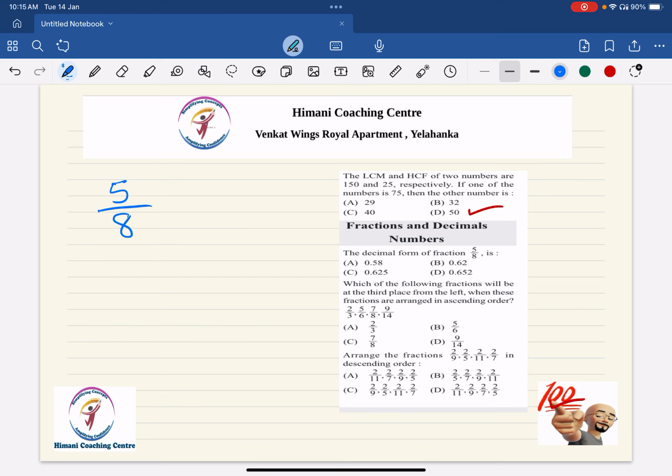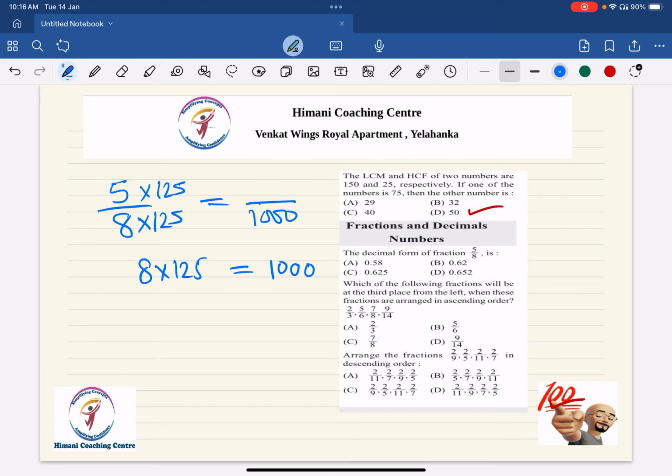Now students, I want you to understand one trick. See, if you multiply 8 with 125, you will get 1000. You can see 8 5s are 40, 8 2s are 16 and 4 is 20, 8 1s are 8, so 1000. So whenever you are asked to solve like this, multiply numerator and denominator by 125 because we know 8 into 125 would be 1000.